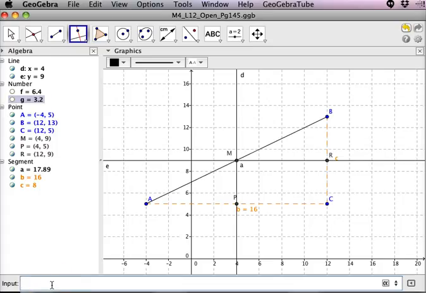Or does it tell us, label it anything? C? We already have a C. I'm just going to call it D because C's out on the chart already.